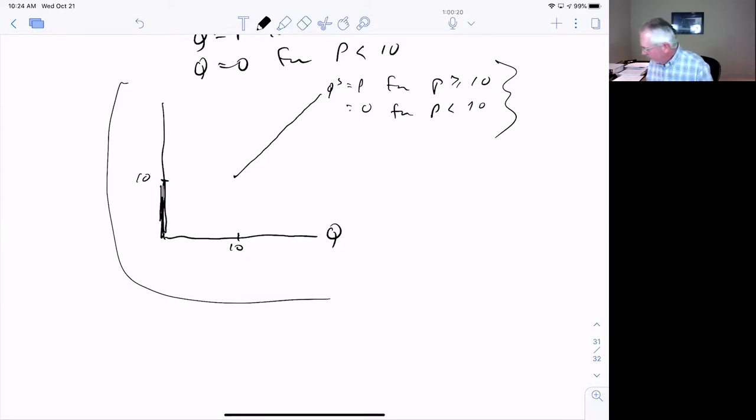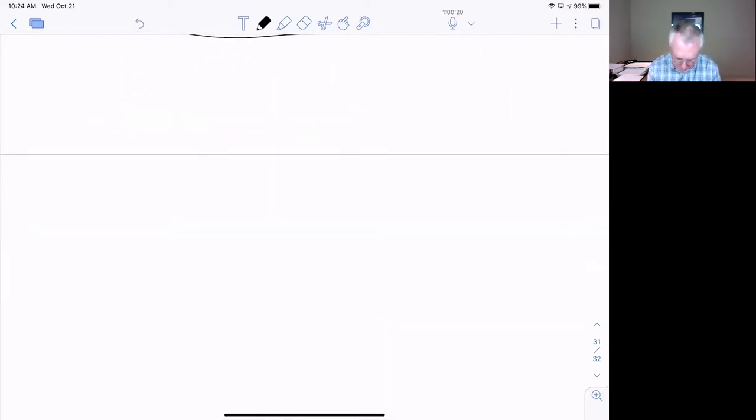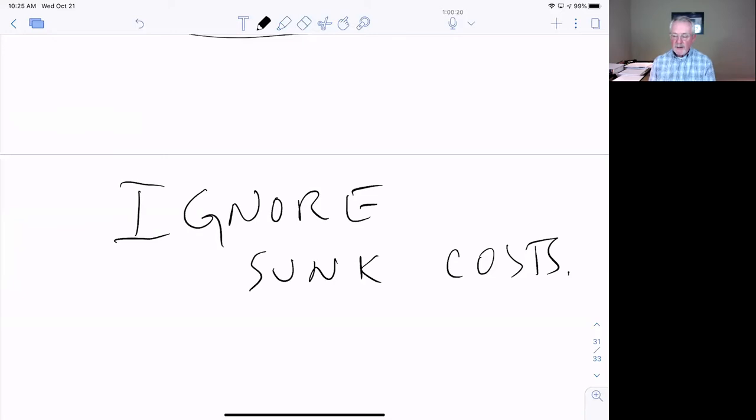All right, this is the way you do them all. Now, here's an important point here. Ignore sunk costs. Sunk costs are totally irrelevant to this question because sunk costs, once made, can't be recovered. So forget about them. As we said, the only thing we're concerned about is covering our avoidable costs.